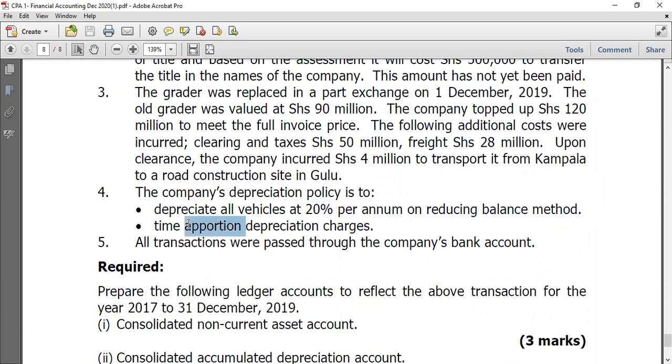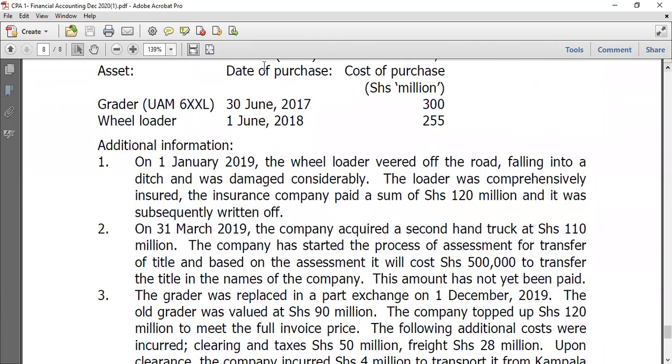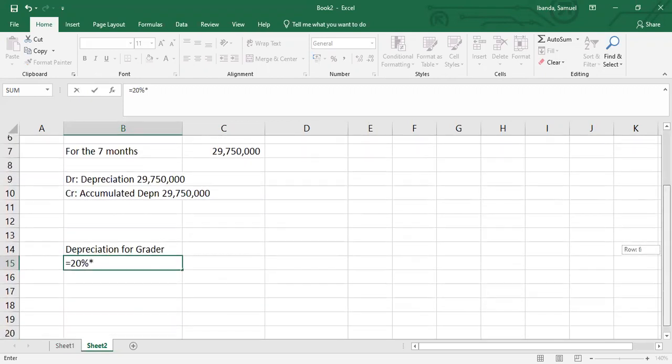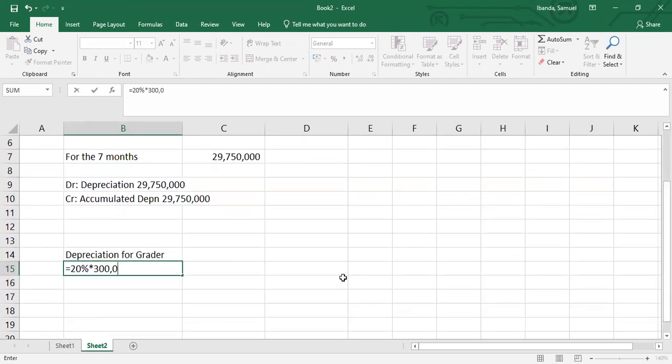When they say time apportionment, make sure that you take into consideration the number of months that this asset existed before that year end. This asset was bought on 30th June, so it existed for 6 months, starting from July. So what I'll do is 20% times the 300 million.